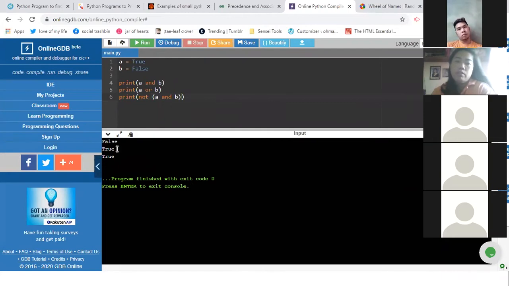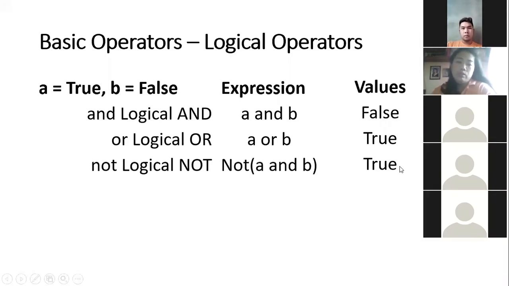Okay, false, true, true. Same equation, false, true, true.